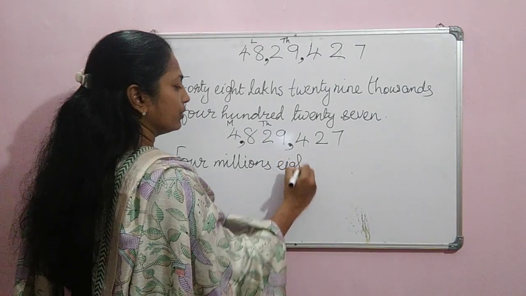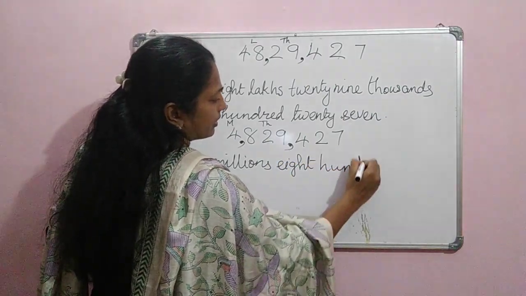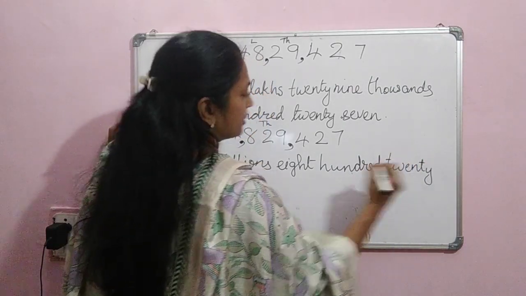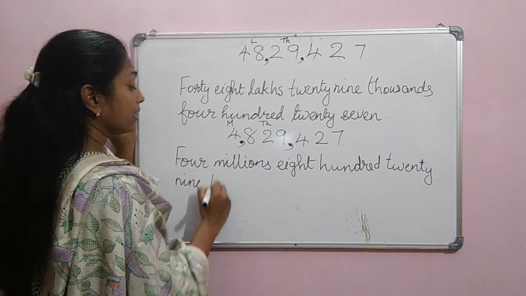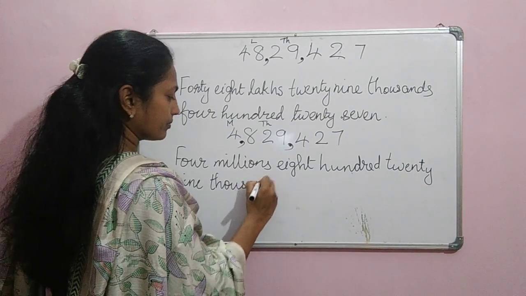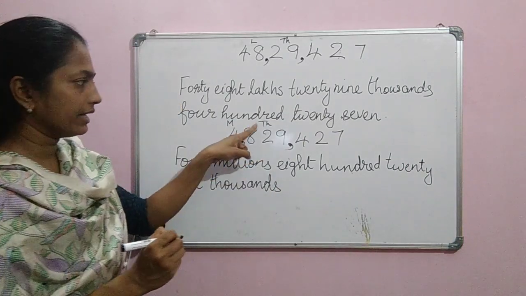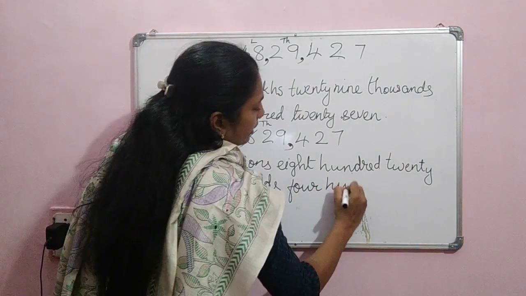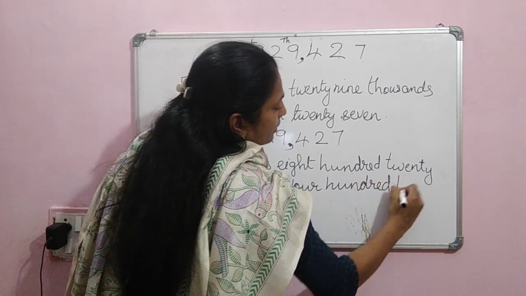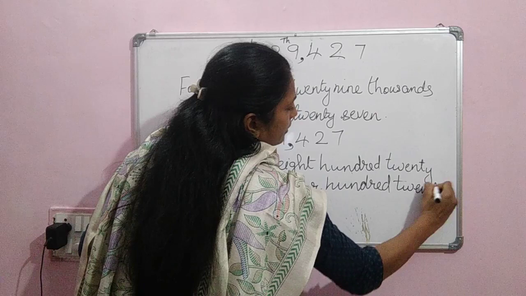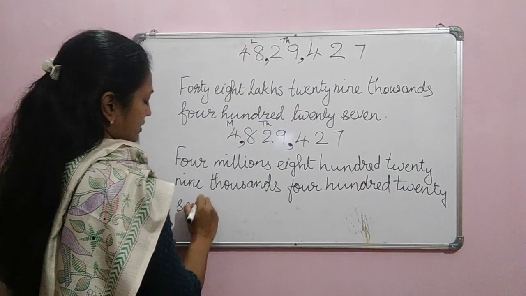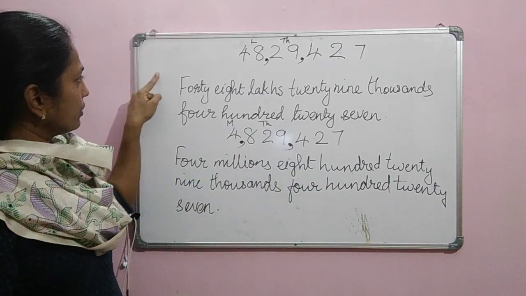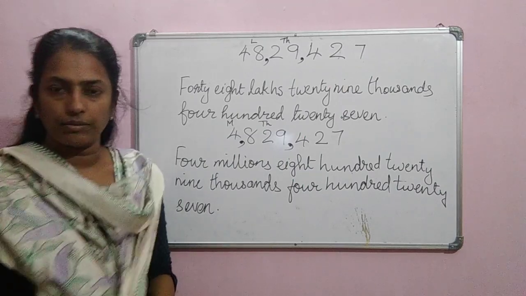So 829 thousands. 427 in ones group. So let's see another example.